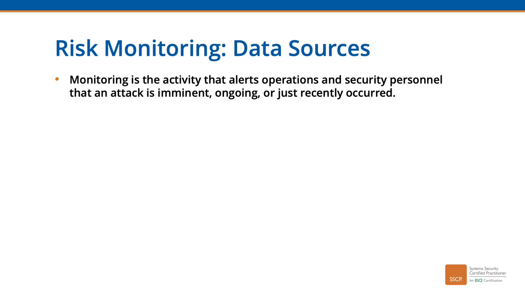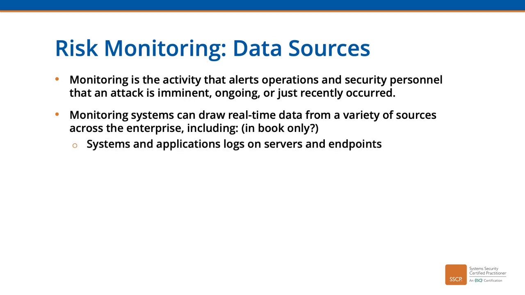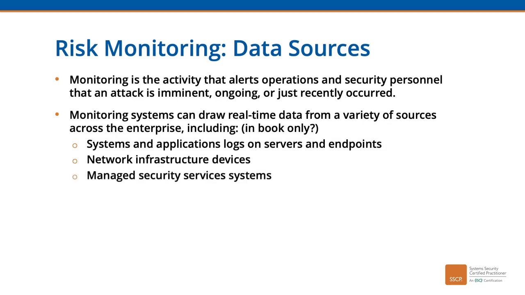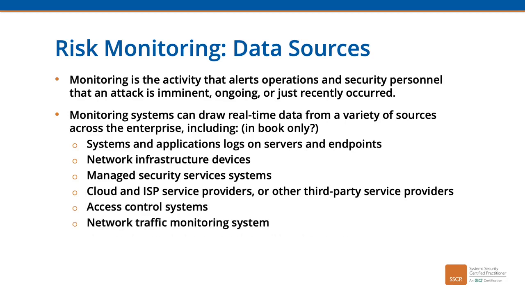Driven by data analytics techniques, monitoring systems can draw real-time data from a variety of sources across the enterprise, including systems and applications logs on servers and endpoints, network infrastructure devices, managed security services systems, cloud and ISP service providers or other third-party service providers, access control systems, network traffic monitoring system, and user and entity behavior analytics, UEBA systems.